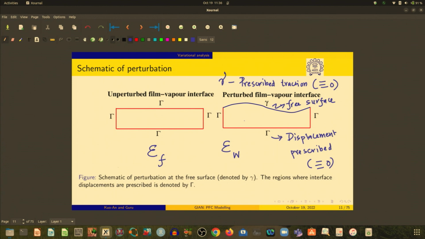When we do the variational analysis, first we assume that the interfacial energy contribution is 0. So, this analysis is done purely based on the elastic energy contribution to the free energy. The interfacial energy contribution we will discuss at the end, after we have the result for the elastic energy part.